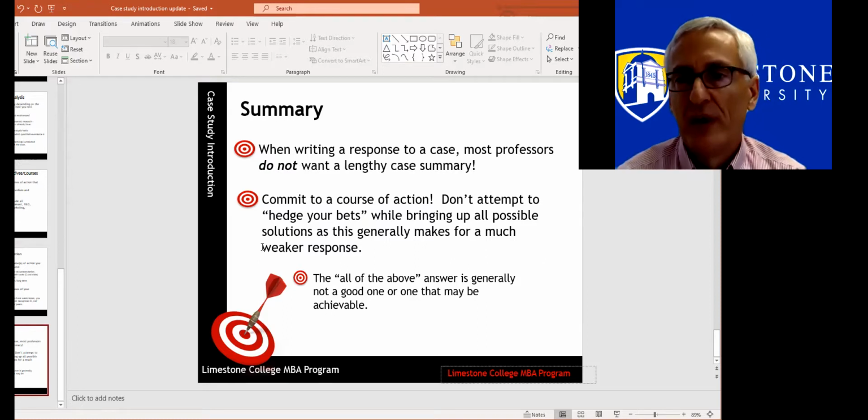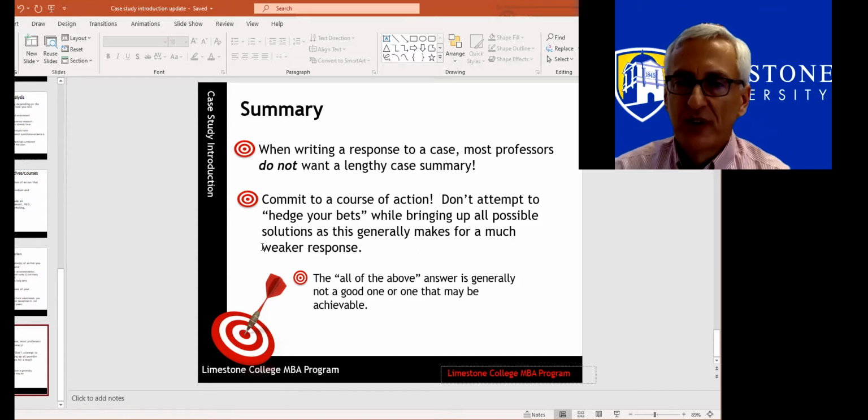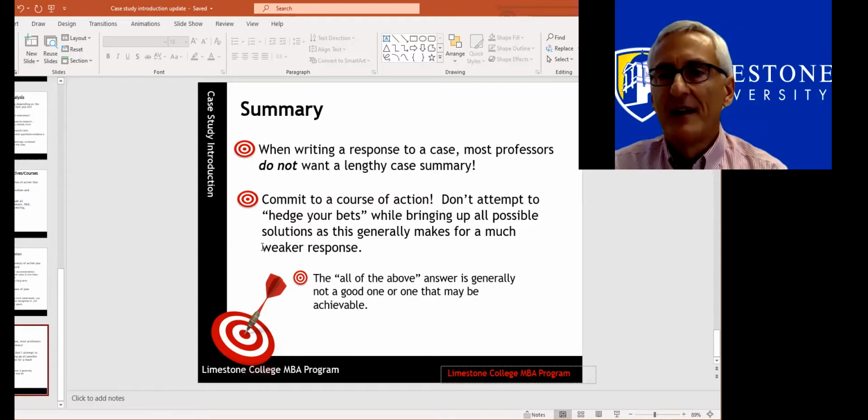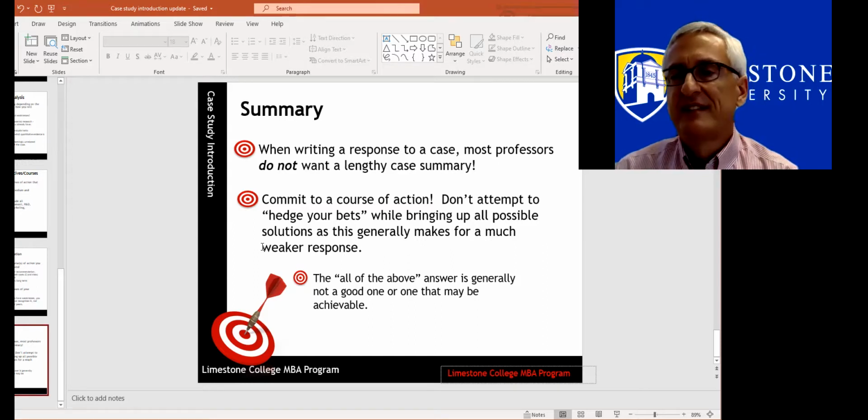They already know it. Now, that isn't to say that you shouldn't put any facts from the case in your case analysis, but certainly not, for example, actually, I'm looking at my background with the 1845. The fact that Limestone University was founded in 1845 probably has zero relevance to any issue that we are facing today.